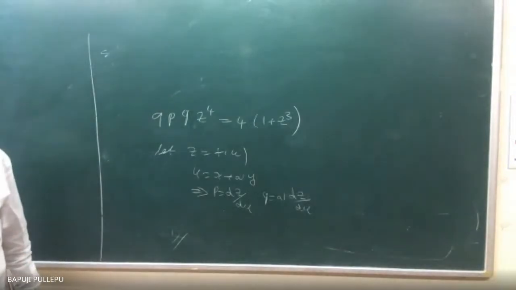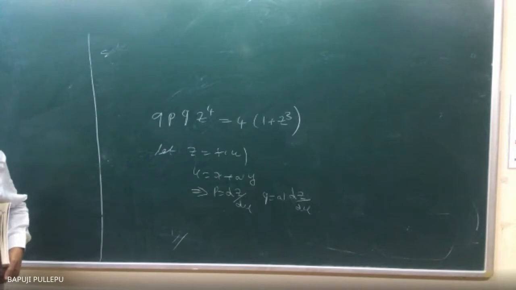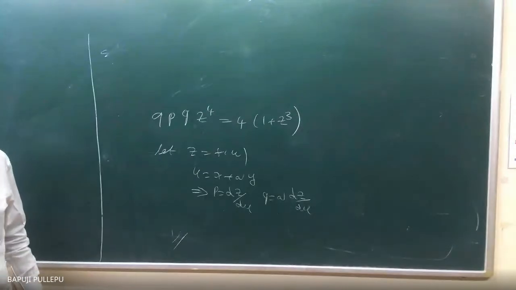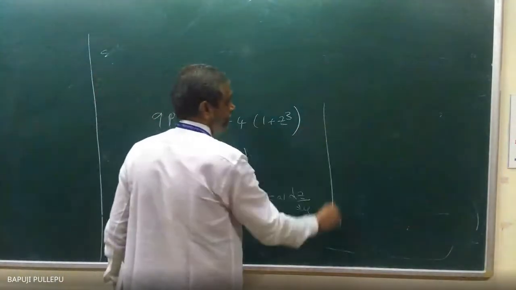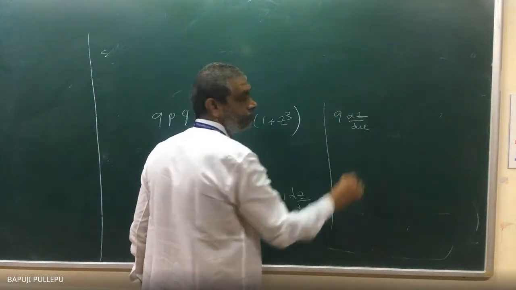In the given problem you can substitute, what will you get? 9pq z to the power of 4. Who is p? dz by du. Q is a into dz by du.